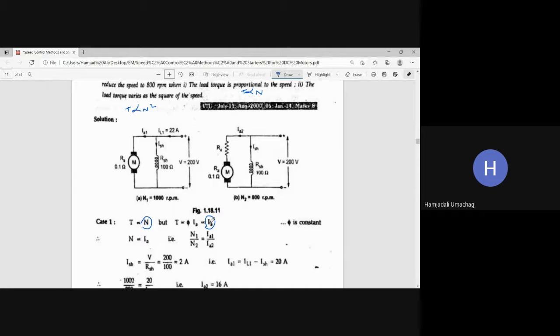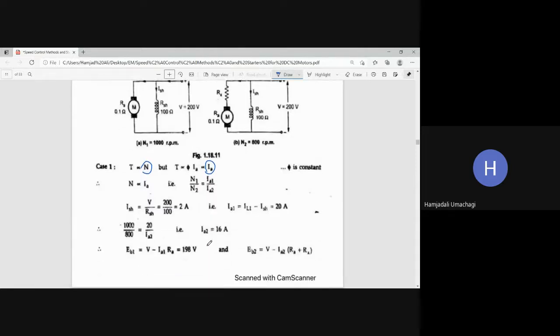So I can write speed is directly proportional to what? Armature current. So initial speed N is directly proportional to Ia. Then I can write N1 by N2 equal to Ia1 by Ia2.